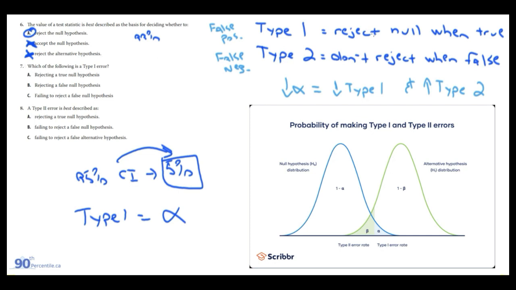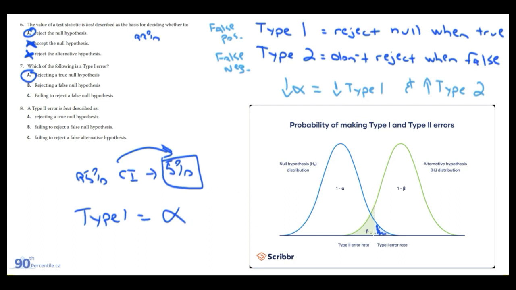And 7 is A, rejecting a true null. And then 8, a type 2 error is best described as, well, you can see over here, a type 2 error is not rejecting the null when it's false. So this is a false negative. You can see the visual down below. We have the type 1 error here, which is equal to significance level.